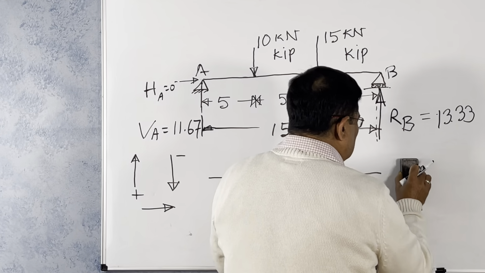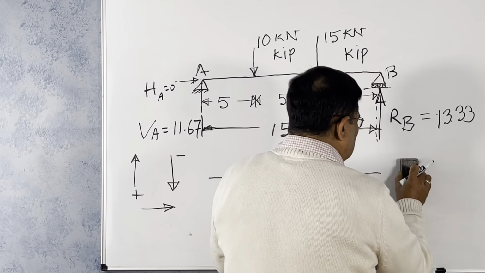This is the baseline. Above it is positive, below it is negative. So suddenly this comes down like this, and this value is 13.33. Now there is no force in between, so this continues all the way. Then you come to this 13.33 going up.